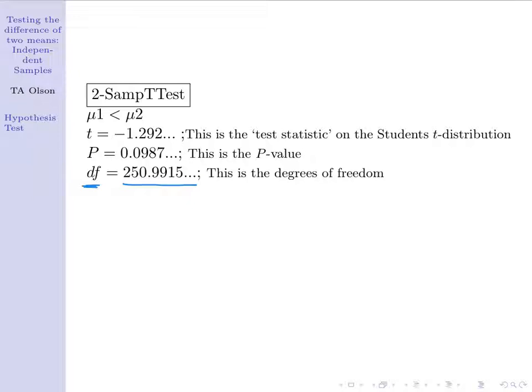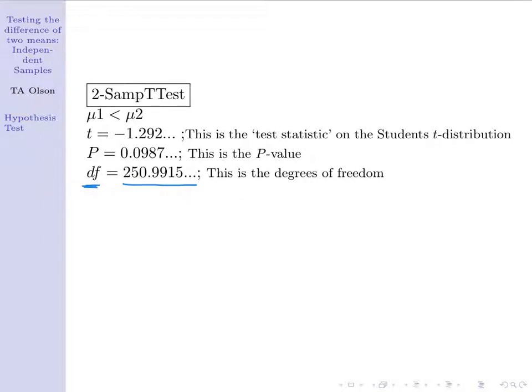But the idea is that we had 136 data points for one sample, 122 for the other, and this degrees of freedom of 250.9915 and so on is some combination of these that has to do with not only how many data points, but the standard deviations as well.